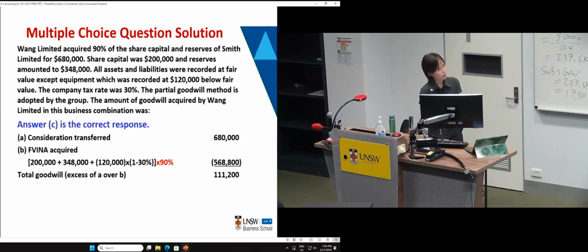Then plus total equity, which is the book value of the subsidiary's net assets. Now you get Athena. Now, Athena acquired, we need to multiply by 90% because the parent only acquired 90% share of the subsidiary, Smith Limited, right? So compare Athena acquired with consideration transferred. Now, the difference represents the goodwill purchased by the parent company in the acquisition.